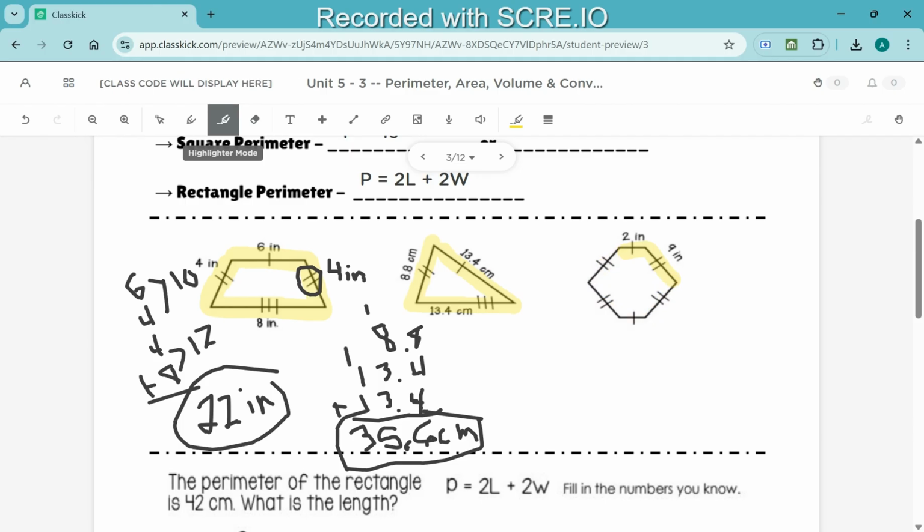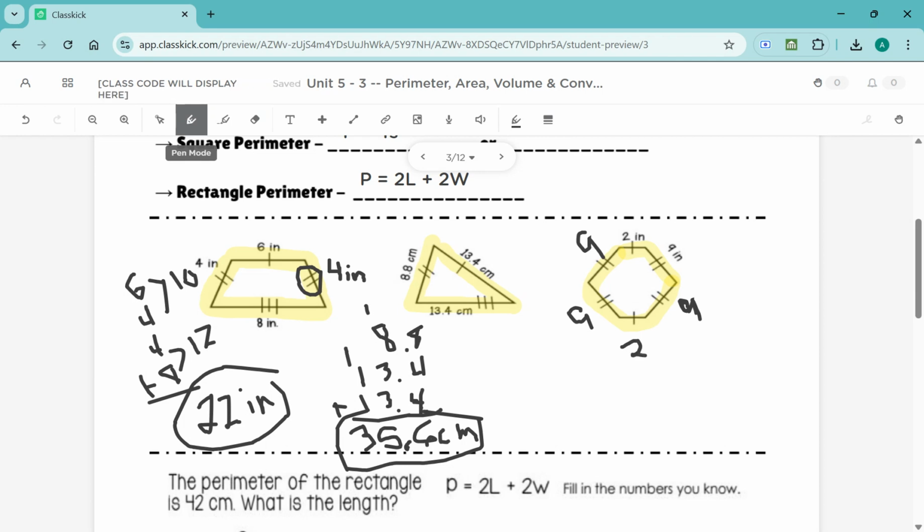And this side's congruent because they both have 1 dash. So I didn't just have 2. This side's a 9, and this side's a 9.